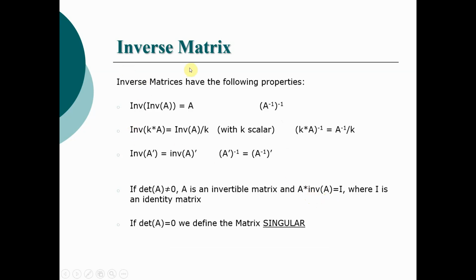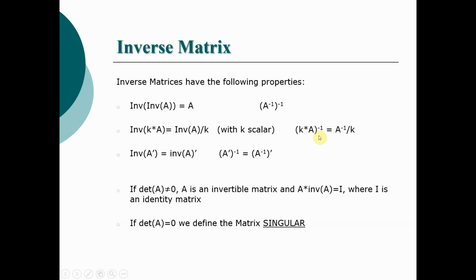Some properties about inverting a matrix. The inverse of A inverse is going to be A. So if you invert a matrix twice, you get the original matrix. A inverse inverse is equal to A. The inverse of K times A is going to be the inverse of A divided by K, where K is a scalar.